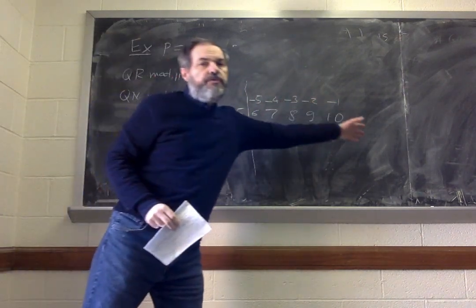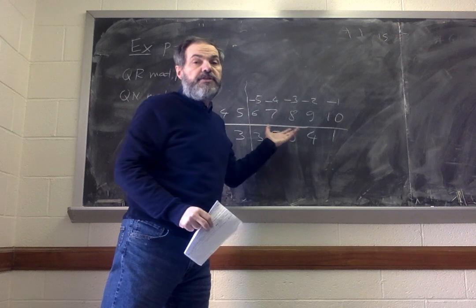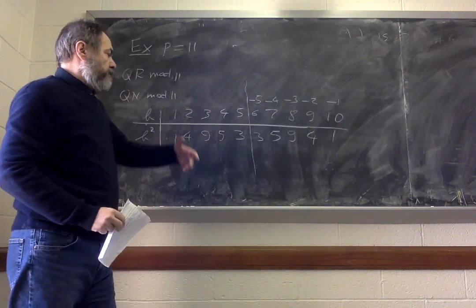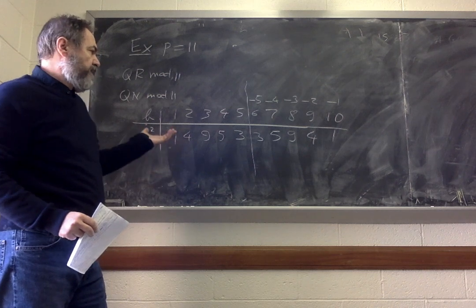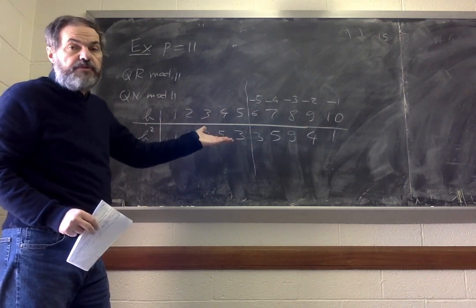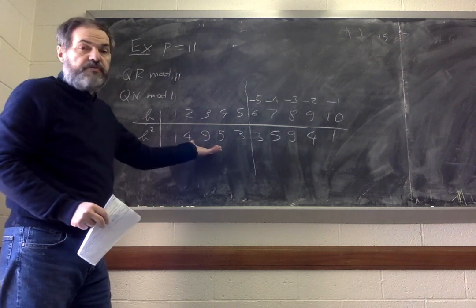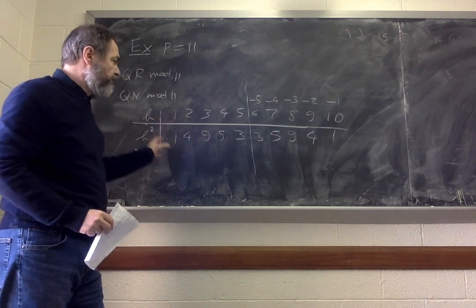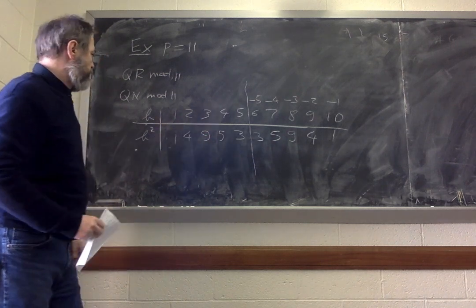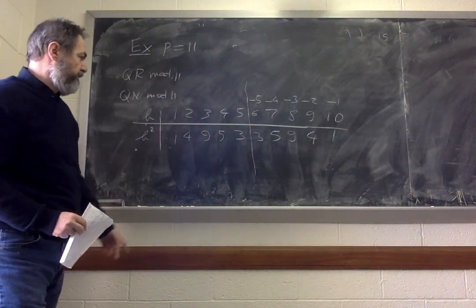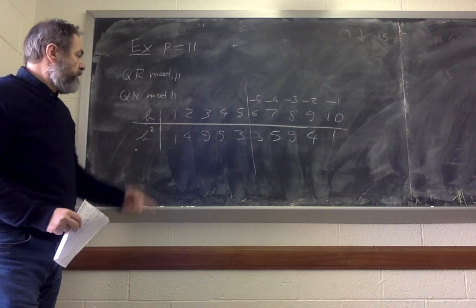If we continue and take other integers b and square them, those numbers will be congruent mod 11 to one of these numbers. If I take a b that's a multiple of 11, its square is a multiple of 11, so I can get 0.